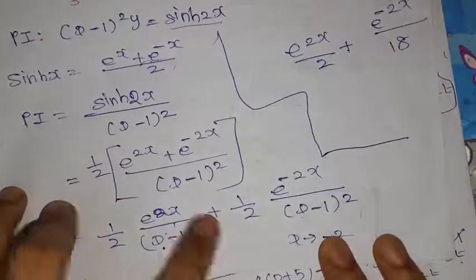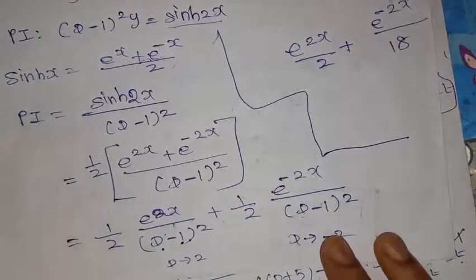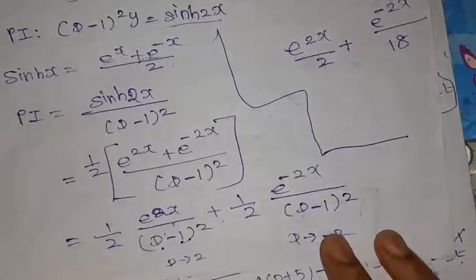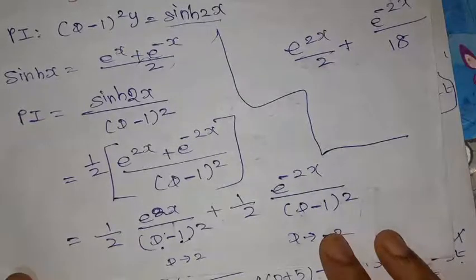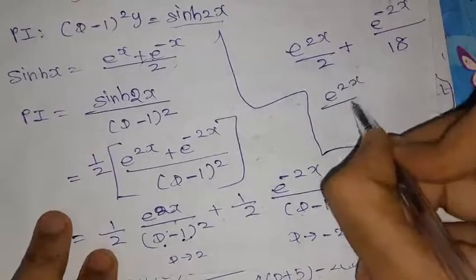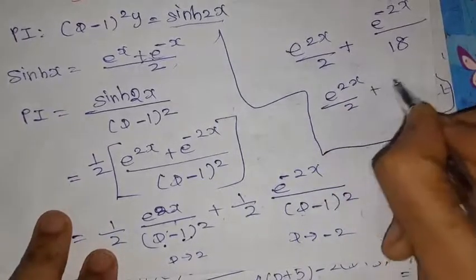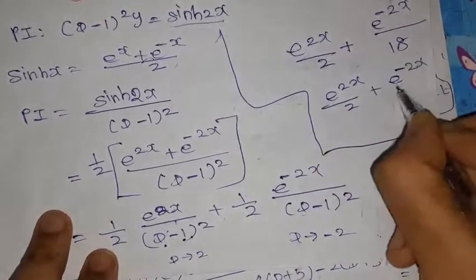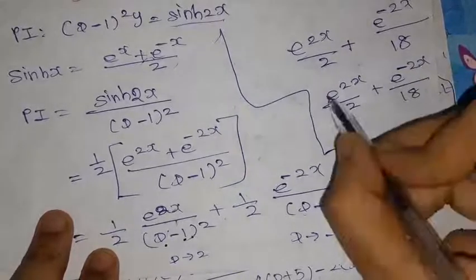So we get e power 2x by 2 and e power minus 2x by 18.